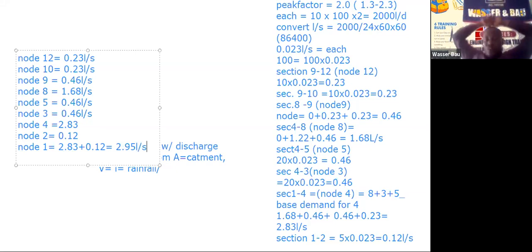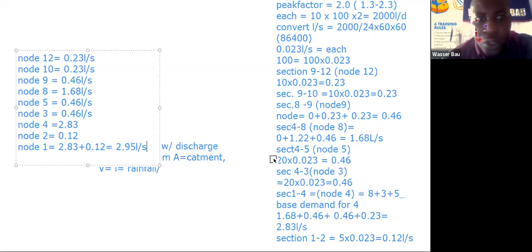Is it understood? Now, with these values, what we now need to do is, sorry, we've not established them yet, is to go to our charts and start designing all these sections.